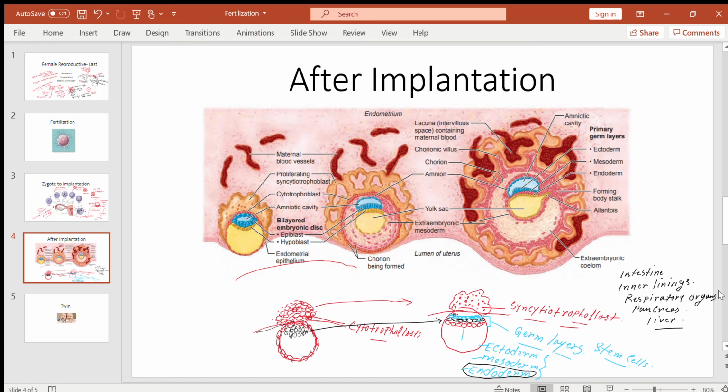Intestine is located in the very inner part of the body, right? Inner lining of the tube-like structures. Your pancreas, liver, lung, those organs are mostly formed by the endoderm layer. Okay, so endoderm.